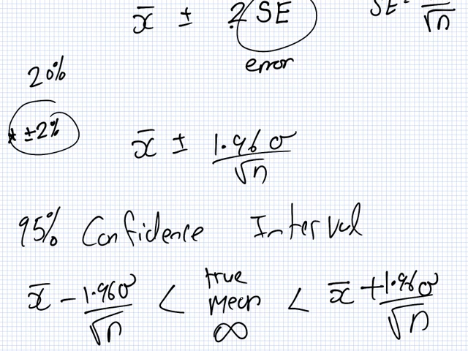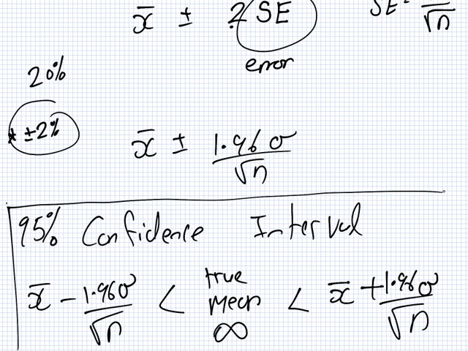It's the same idea. So this is like our formula for today, and the only thing that might change in the exam is this number. But I would bet good money that they would keep it at 95%.